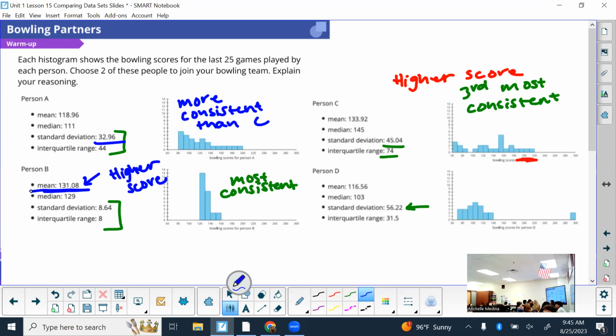Why would we care? When would the median be useful over the mean?